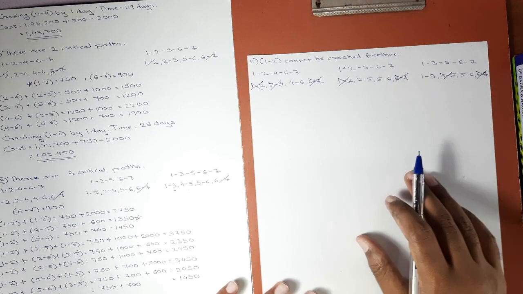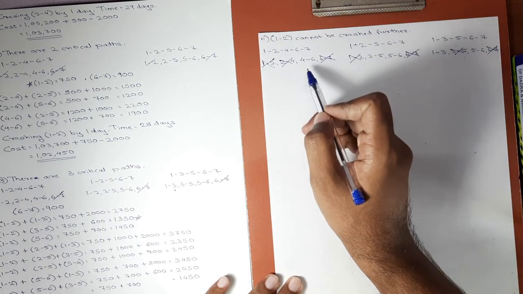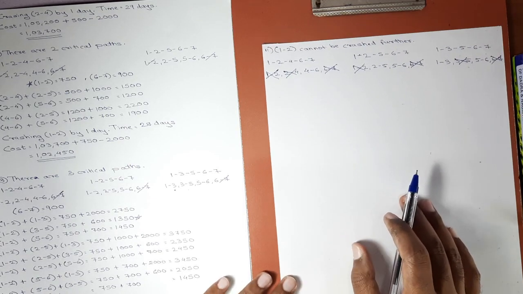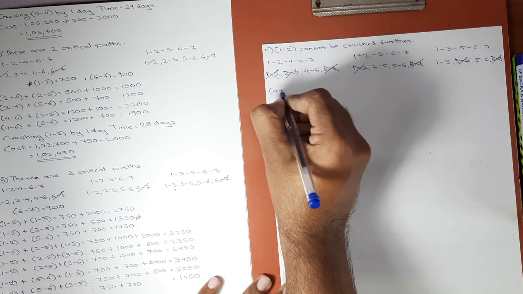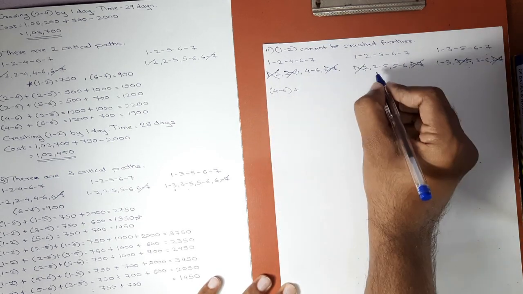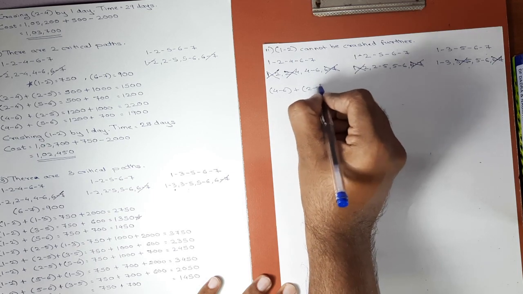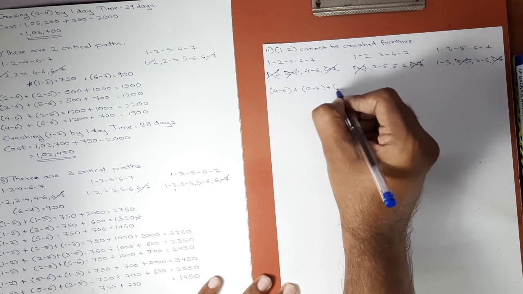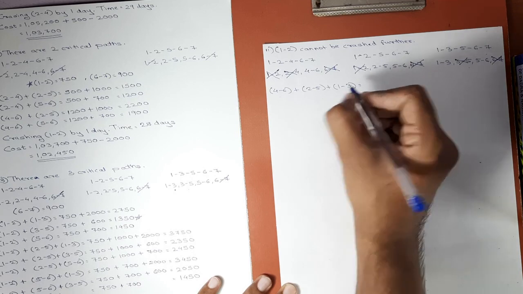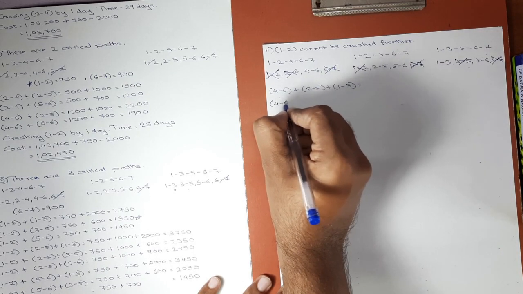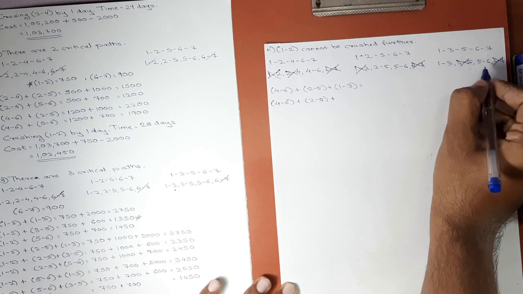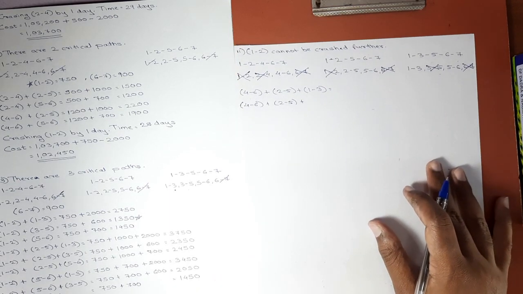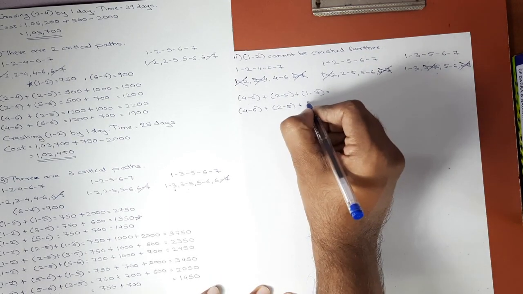So now we'll be making the combinations. Here there will only be one set, which is 4 6. So our first combination will be 4 6 plus 2 5 plus 1 3. Second combination will be 4 6 plus 2 5 plus 5 6. Now we'll be taking the second activity, 5 6.